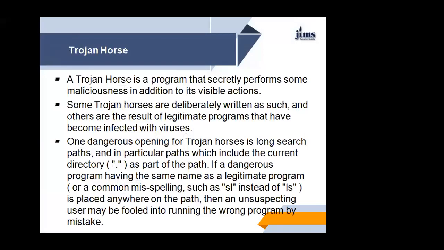Some Trojan horses are deliberately written as such, and others are the result of legitimate programs that have become infected with viruses. One dangerous opening for Trojan horses is long search paths, and in particular paths which include the current directory, represented by a dot sign as part of the path.